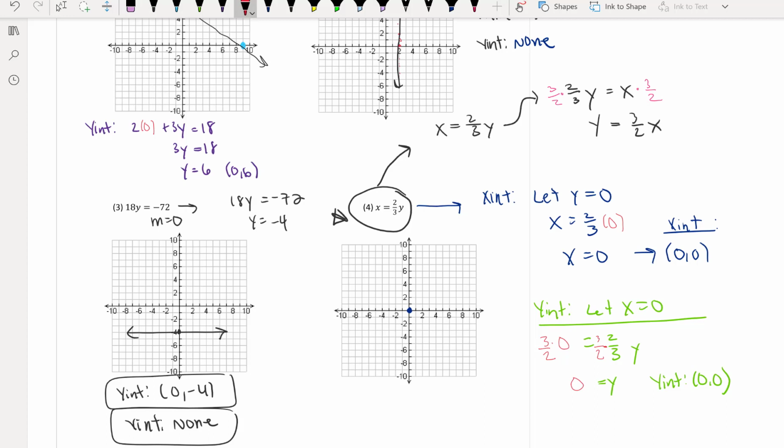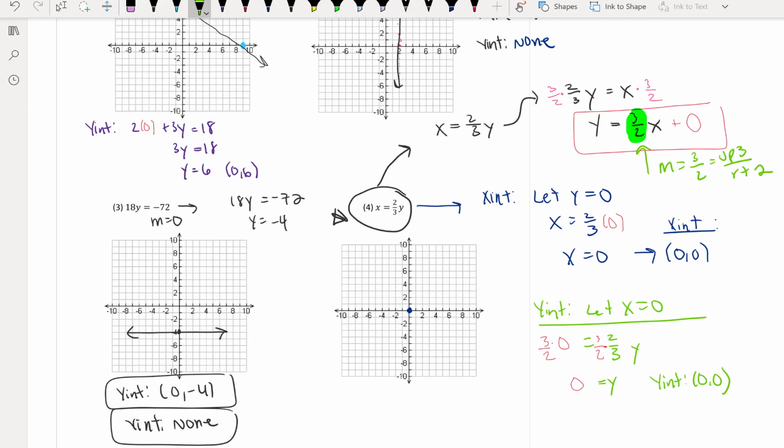Now, any value that you add to this has to keep the equation true. So I'm going to use it as plus 0. So this 3/2 that I see here is going to represent something called the slope. 3/2. So that means I'm going to go up 3 and to the right 2 from that intercept.